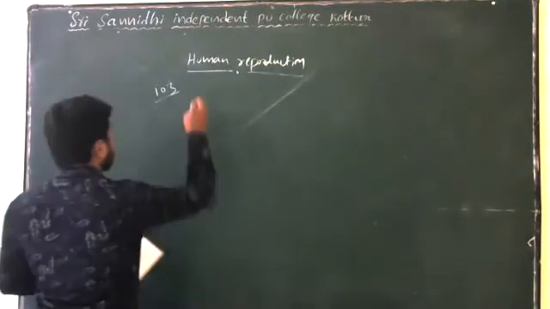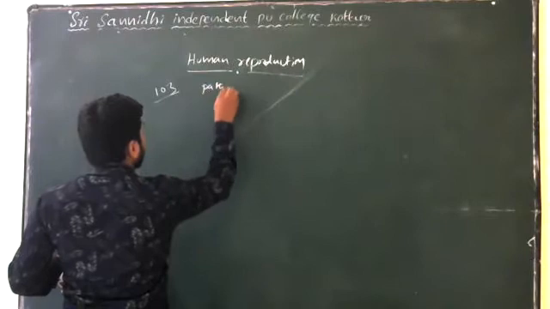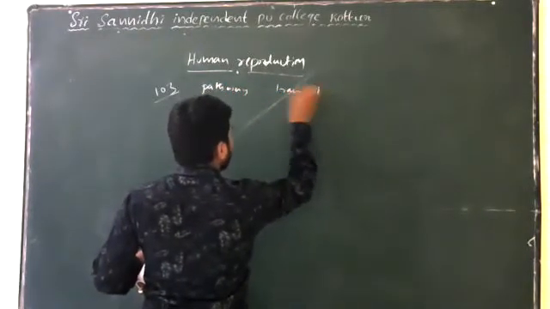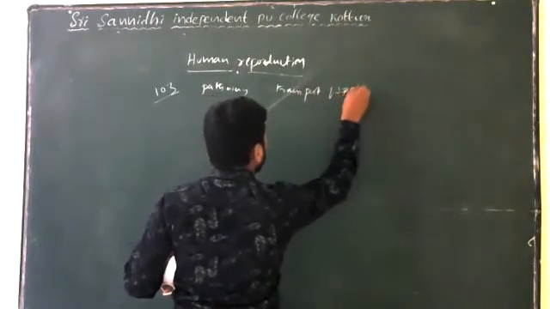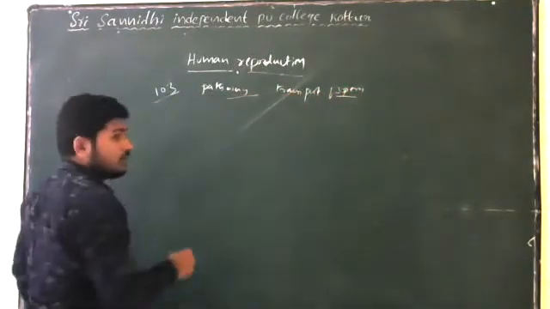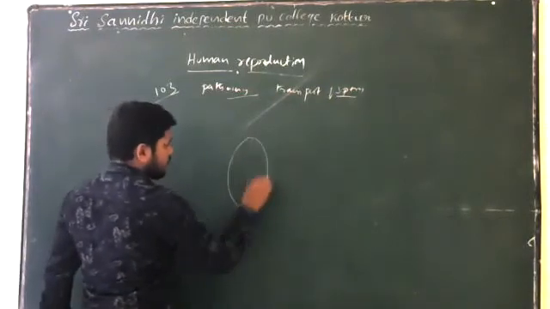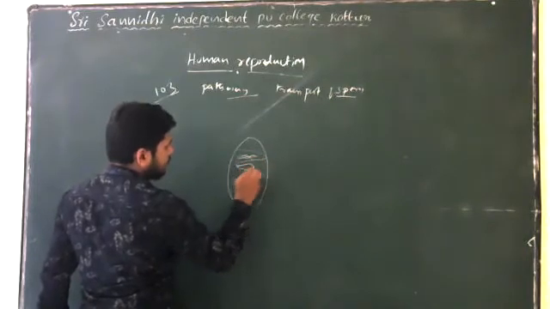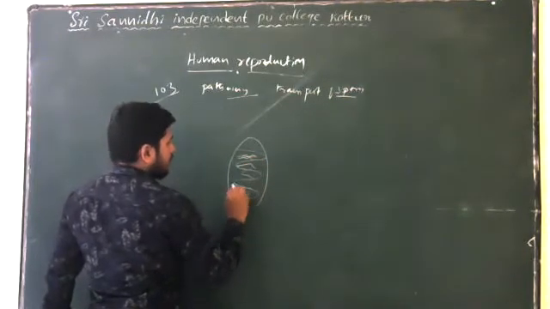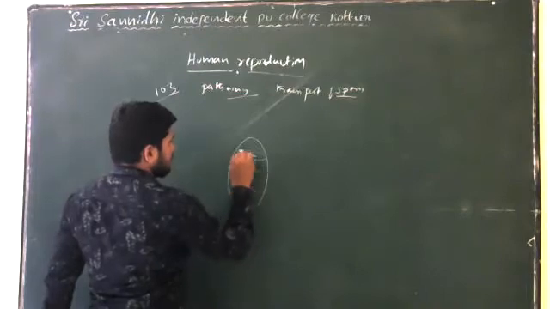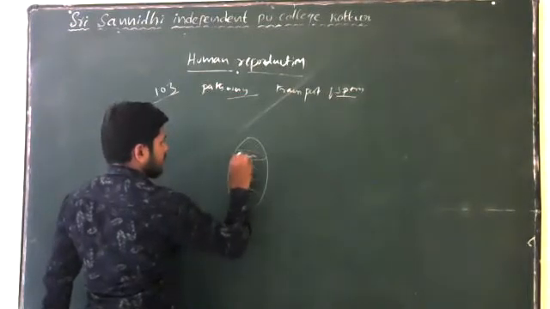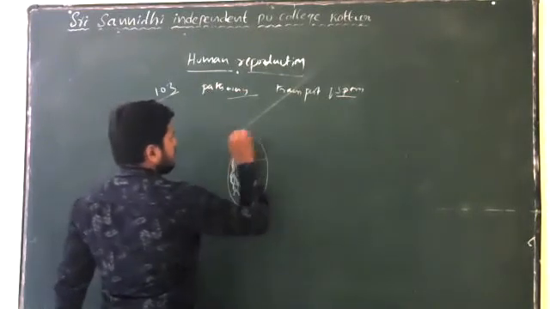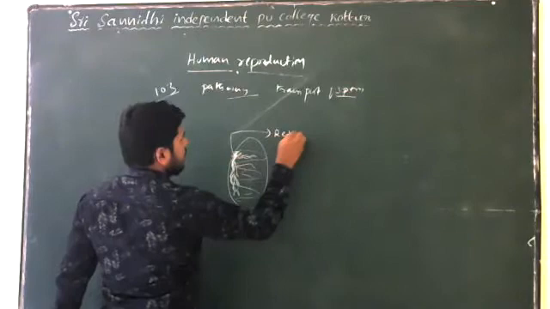The pathway of transport of sperm. Once the sperm are produced in the seminiferous tubules, the seminiferous tubules in turn join in the accessory duct that we call the rete testis.